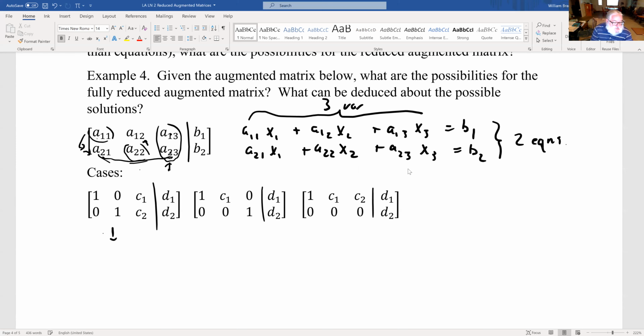So this solution, right? X1 plus C1 X2 equals D1, X2 plus C2, oh sorry, that should be an X3, X3 equals D2.